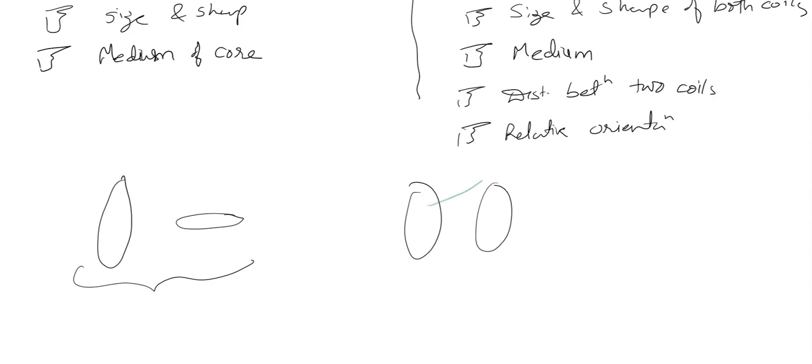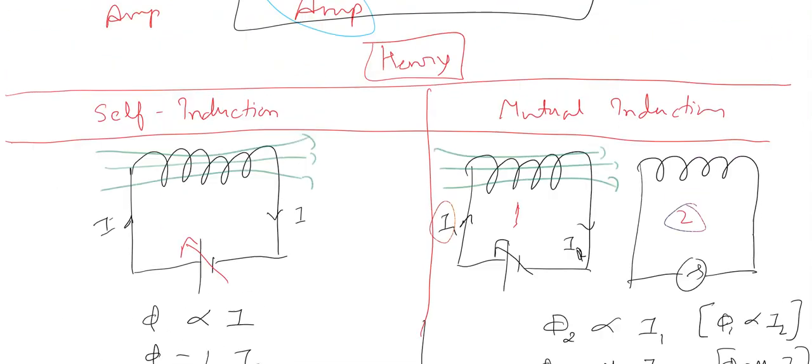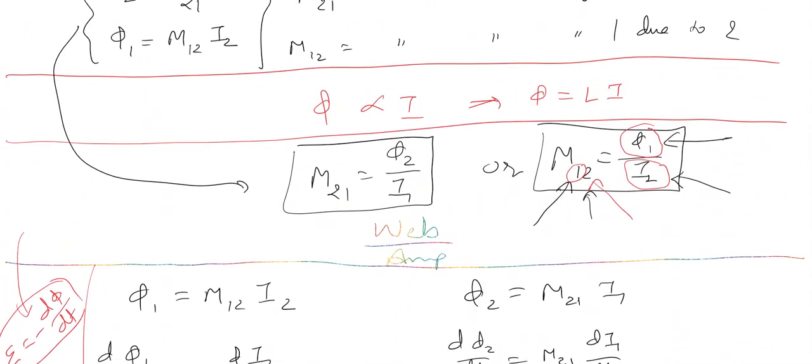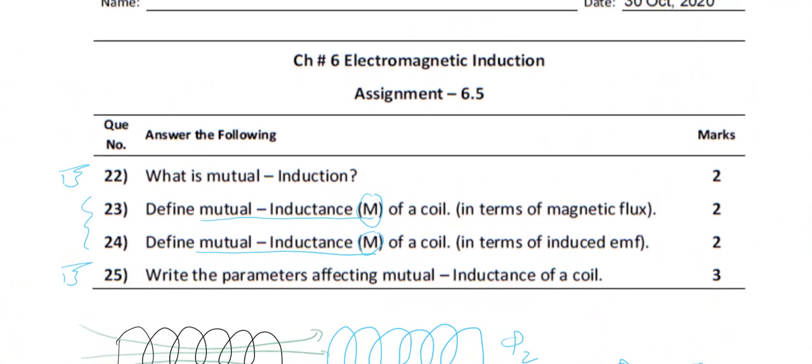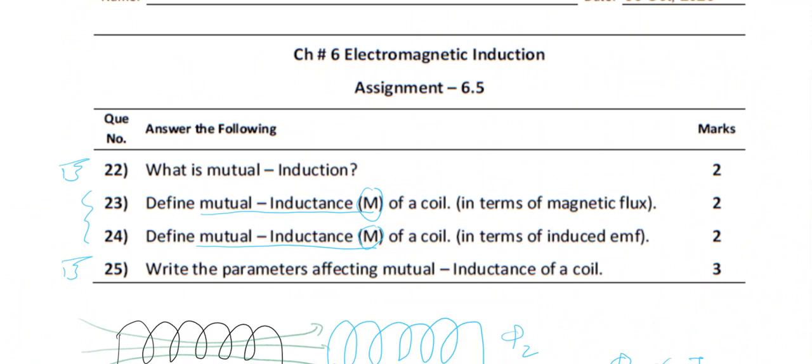Then you have more flux linked with the second coil due to the first one. So in this case, the flux linked will be less. So how the two coils are oriented with respect to each other is also important in case of mutual induction. So those are the parameters affecting the phenomenon of mutual induction and the parameter mutual inductance. And that is all for now. Thank you.